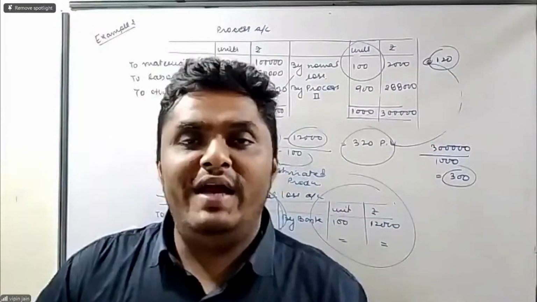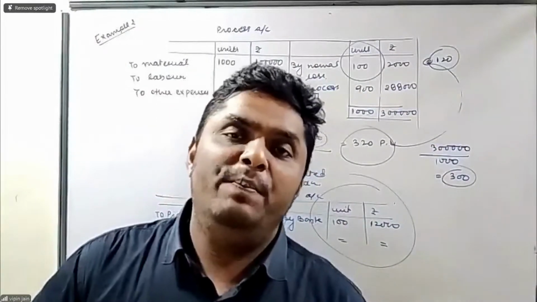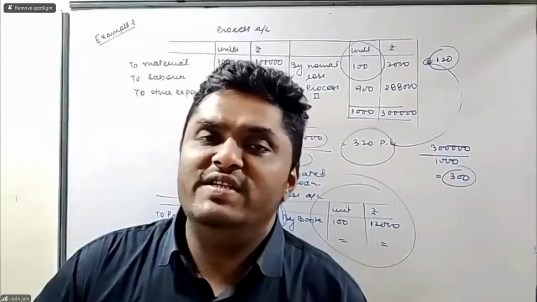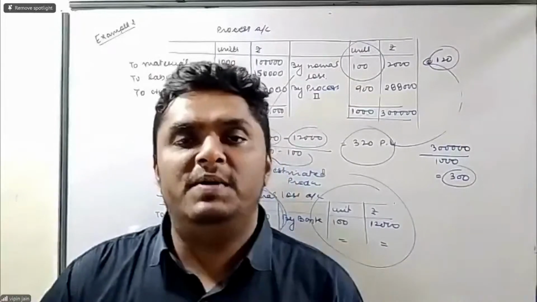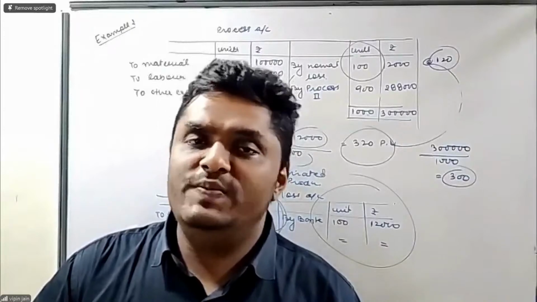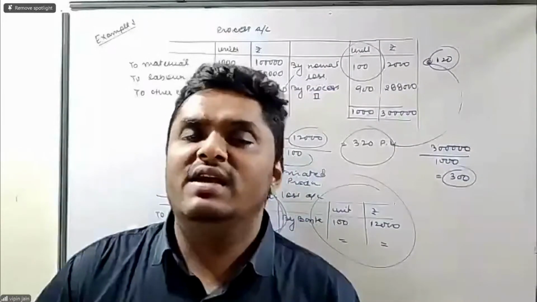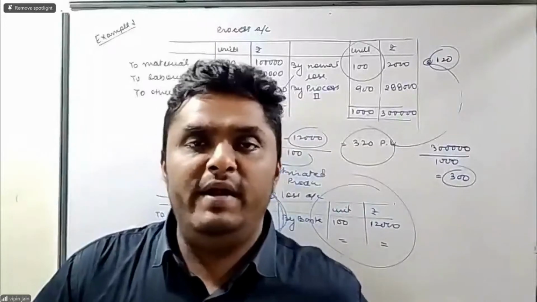So I hope you guys are thorough with what I have discussed till now. Let me give you a quick brief about what I have discussed till now. We have started with this chapter, process costing. This method of costing is used by the companies wherein the raw material has to pass through various processes before being converted into final product.